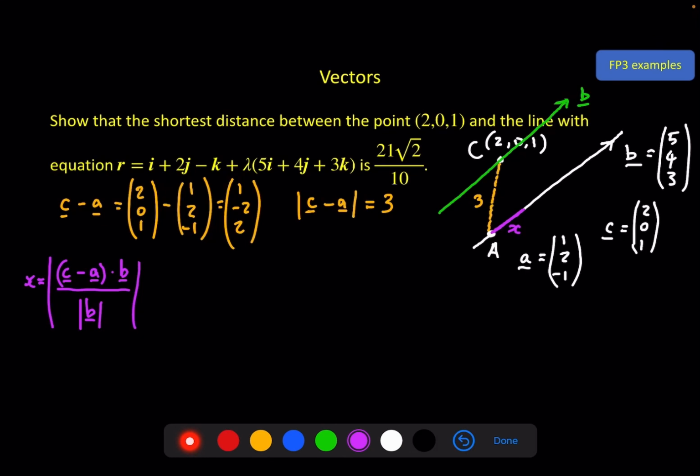So C minus A I've already got is 1, minus 2, 2, dot B, 5, 4, 3, over the magnitude of B. Let me very quickly work that out over here: 5 squared plus 4 squared plus 3 squared. My calculator says 5 root 2.